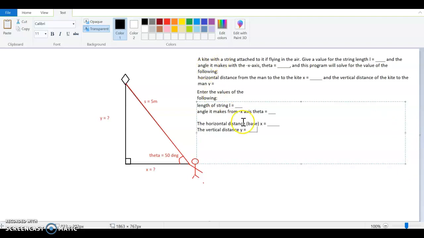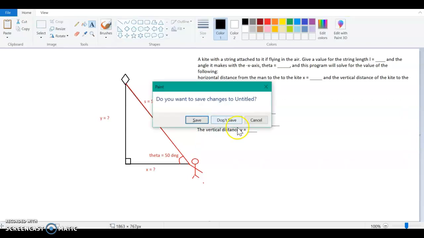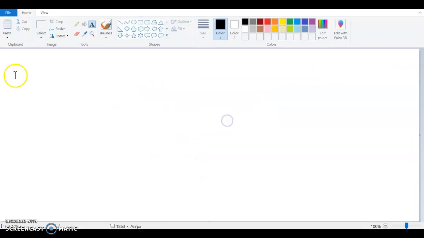Okay, so how about sine law and cosine law? All right, so let's say you have a common point. So this one, you have this point.